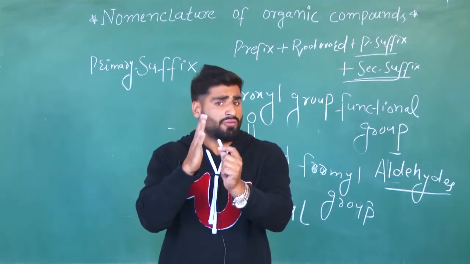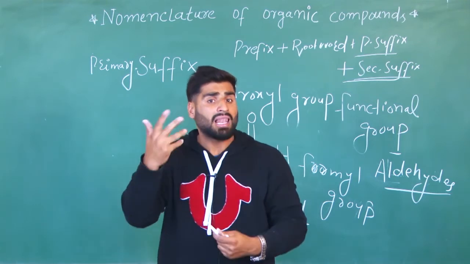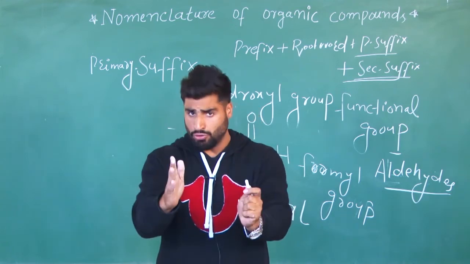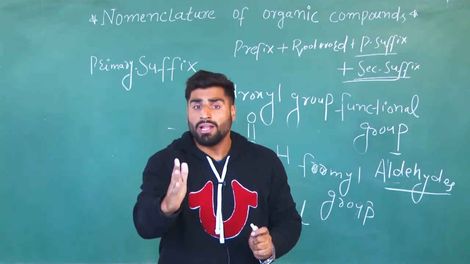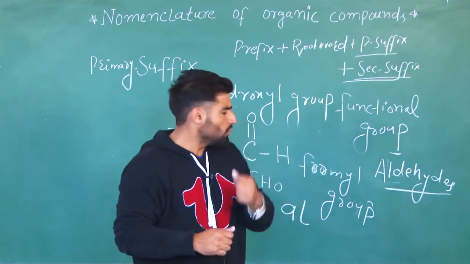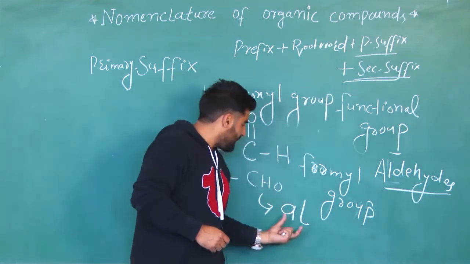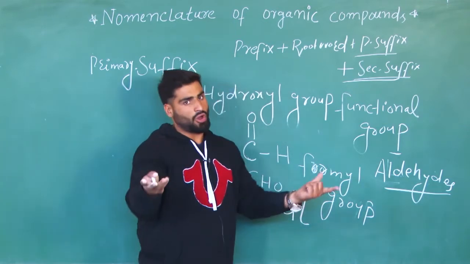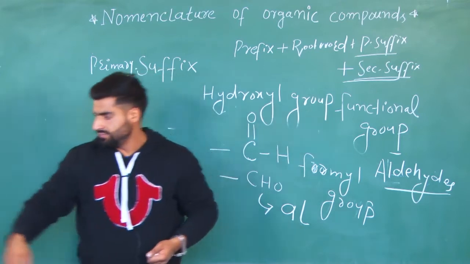Whenever you hear a word ending in -al, it means that compound has the functional group aldehyde, formyl group, CHO group in its structure. So the secondary suffix for aldehydes is -al. Functional group is formyl group. Now we have the third one.